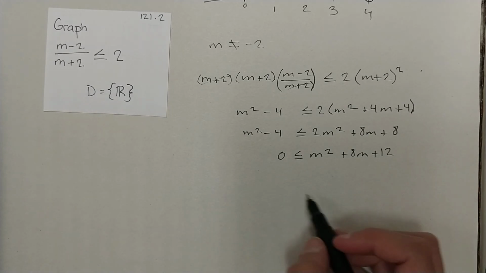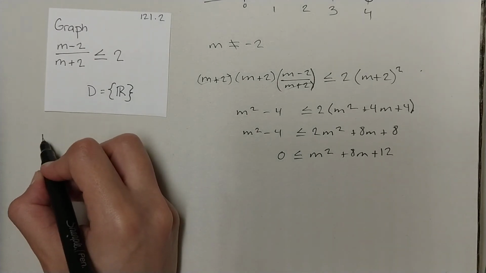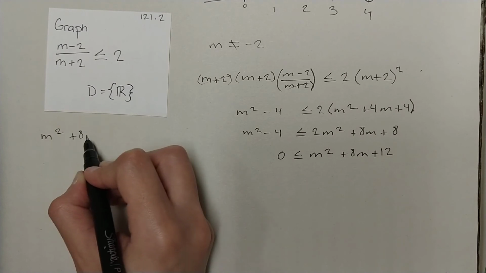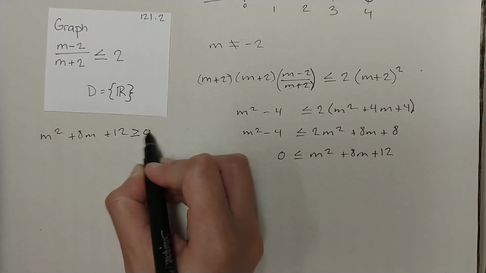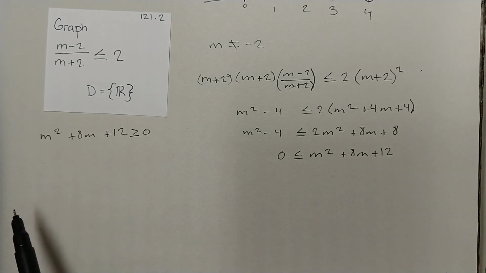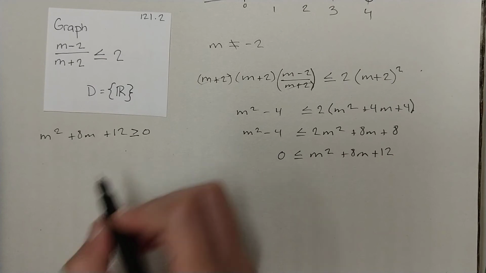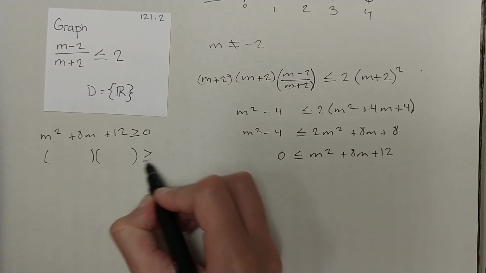Let's flip this just so it's in the notation that we're used to. I'm going to write it over here so we have a little more space. This one is greater than or equal to 0. Let's make sure we have those factors.